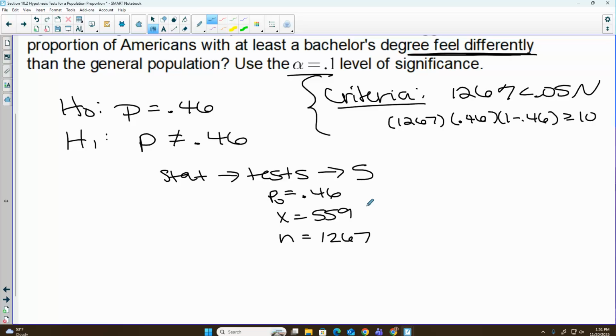And we are testing not equal. Okay. So when we do that, it tells me my z is negative 1.34. Okay. So everybody, make sure you do that test. Check it. All right.